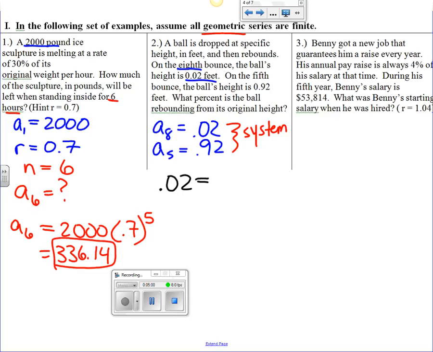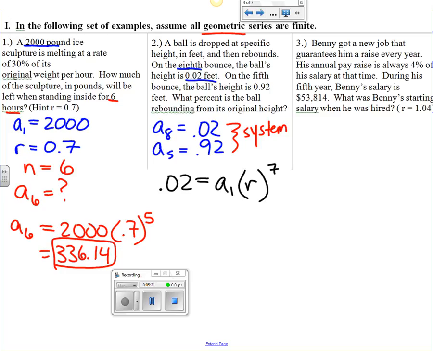No, so I write A1. Do I know R? No. And what N goes with 0.02? 8 minus 1, which is 7. Okay? All right.